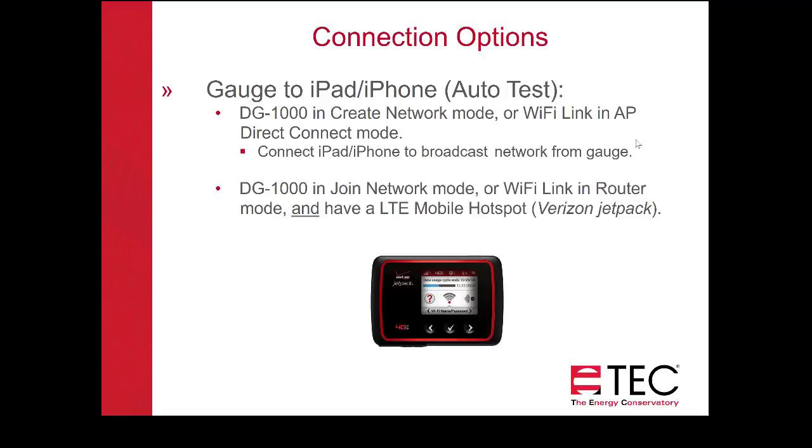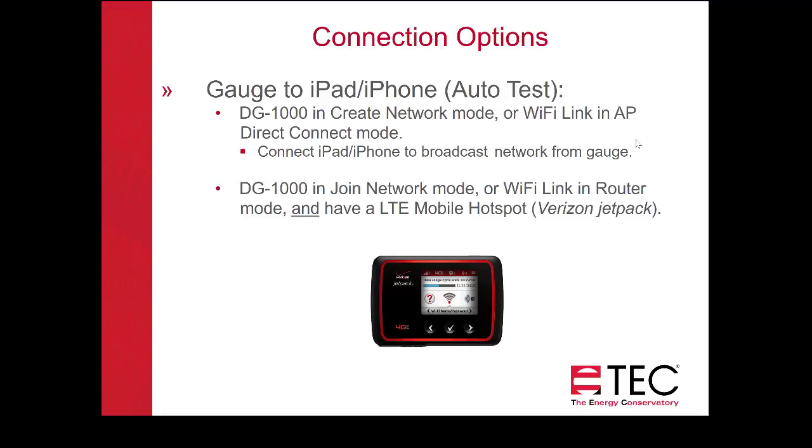Another option that works well is to put the DG1000 in join network mode, or the Wi-Fi link in router mode, and have an LTE mobile hotspot. In this example, we're showing a Verizon Jetpack, which is less than half the size of a cell phone, so portable and easy to carry around, and costs about $50, and then you'll have to add it to your data plan.